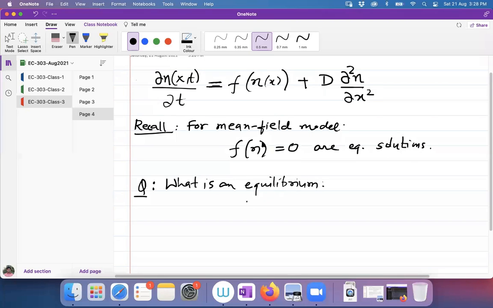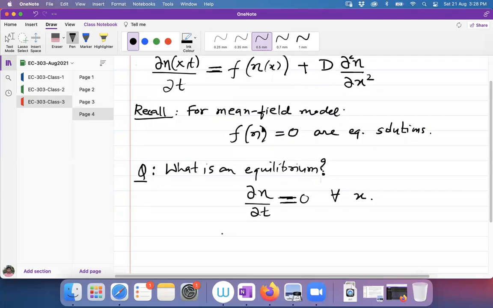What would that be? ∂n/∂t equals 0, right, for all x. Is that right? Okay, so we can define an equilibrium.